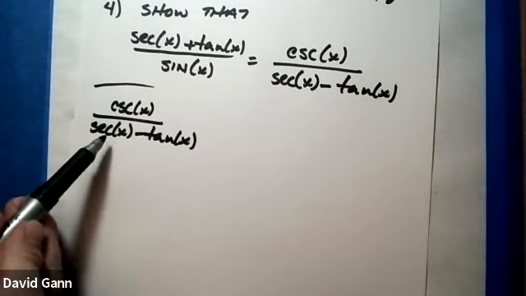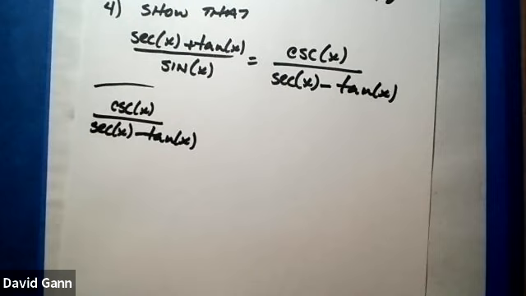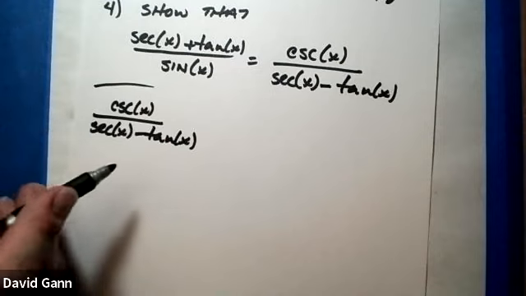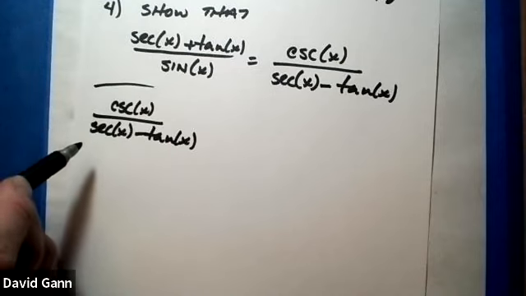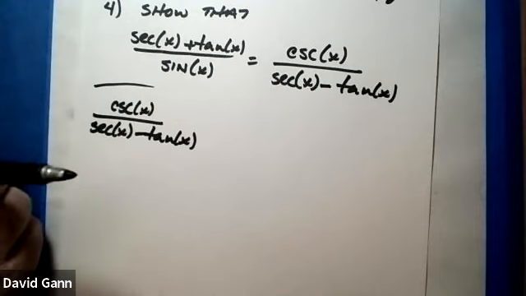Now, it just so happens, I want you to think back to rationalizing denominators from algebra, where you have maybe a square root in the denominator, that you would multiply by something called the conjugate to get rid of that radical.